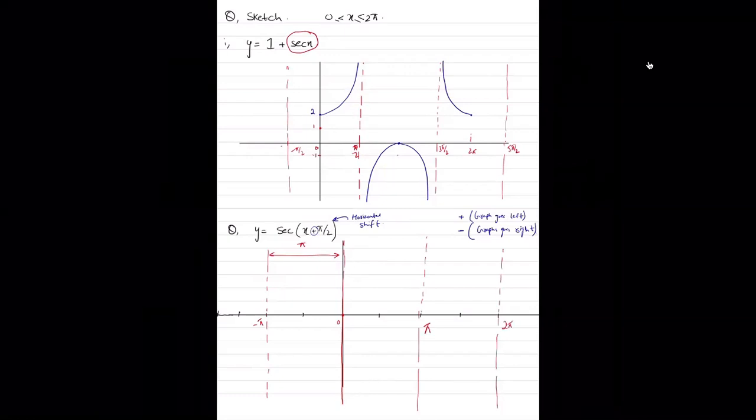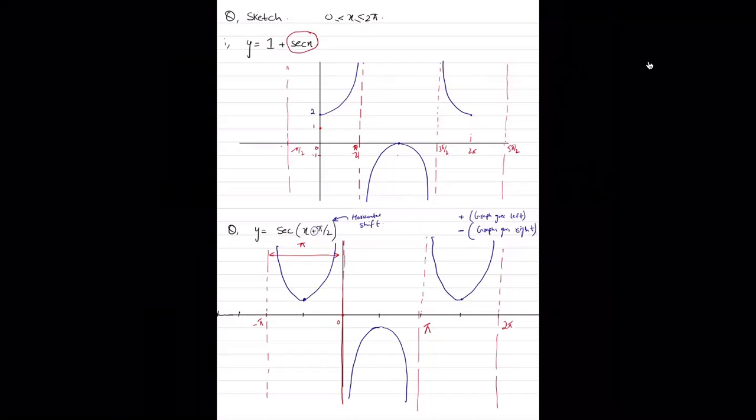Okay. Now, between the asymptotes, I need to complete my graph. So it's going to go like this. Is the idea clear?